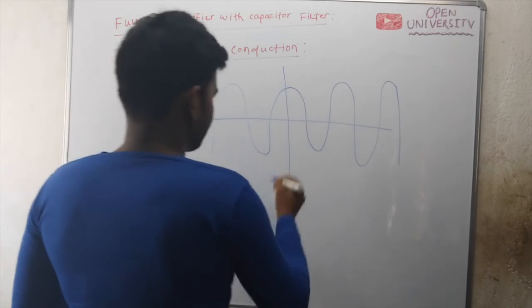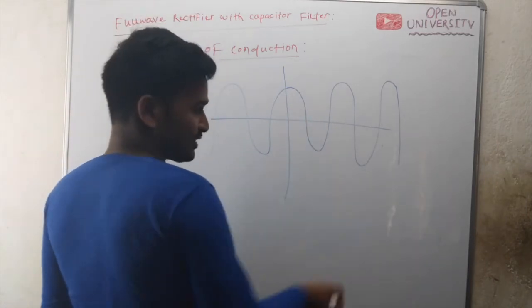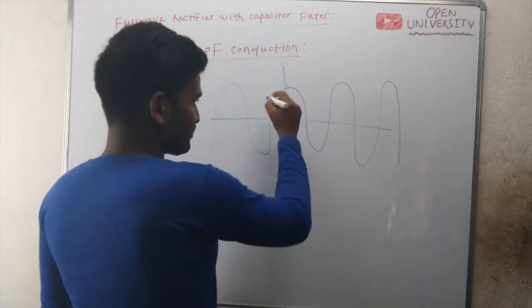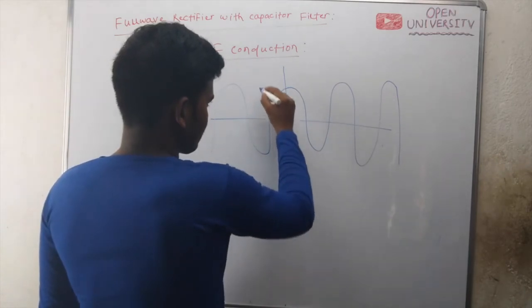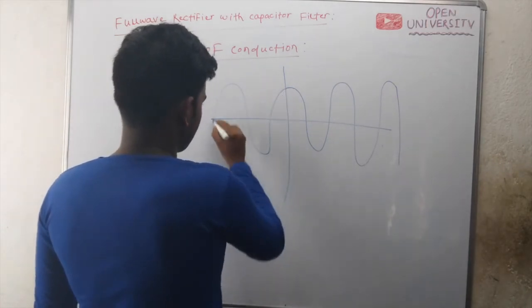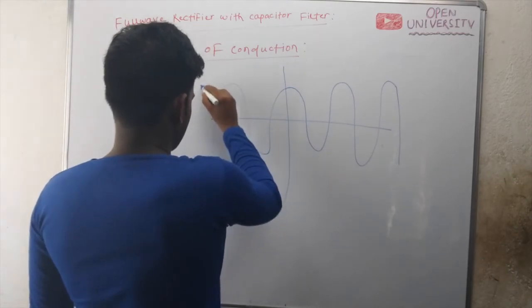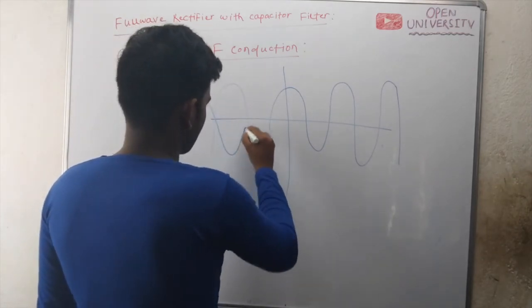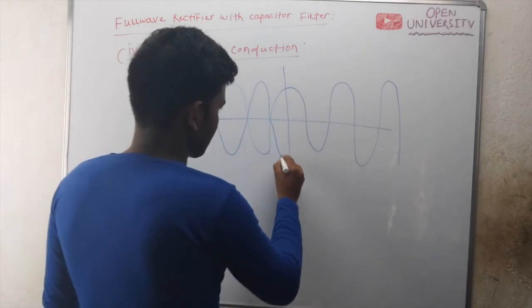Okay, this is your VA waveform. VA is a cosine function, so VB will be minus of cosine function, so it will be something like this. Minus VB.